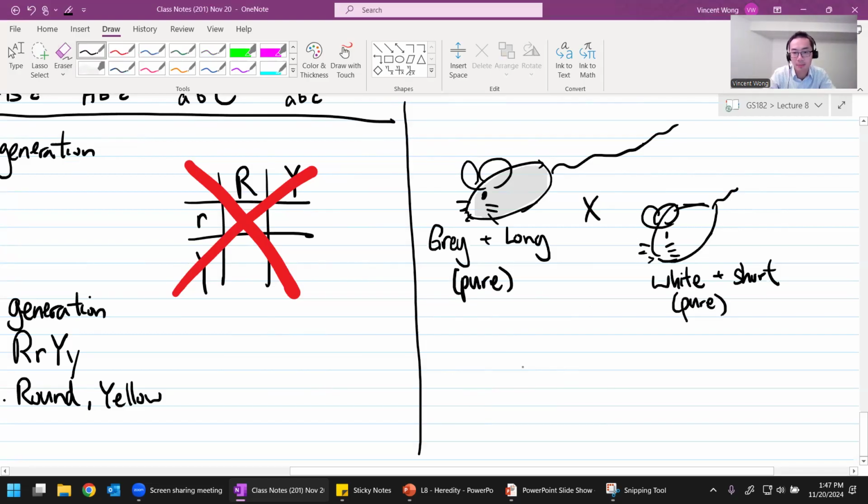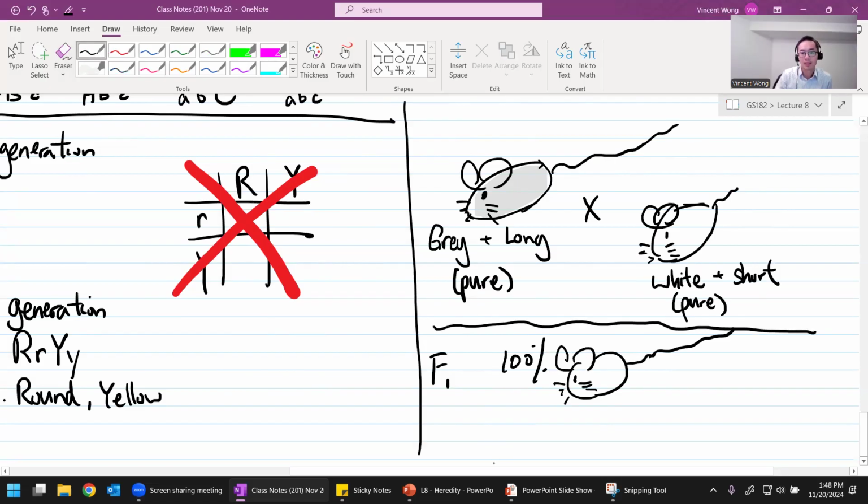I'm going to cross them. And we get 100% mouse like this. Okay? So which one are the dominant trait?